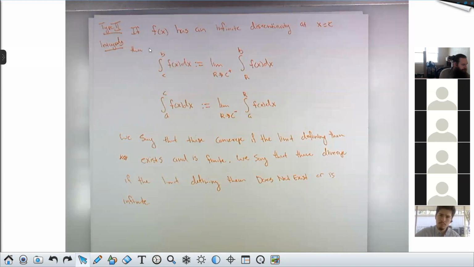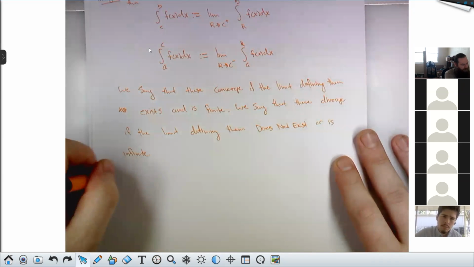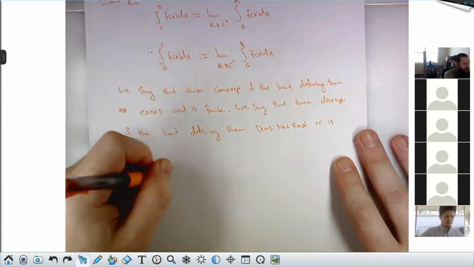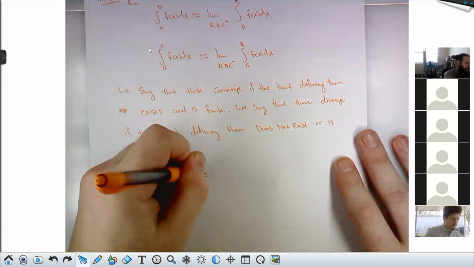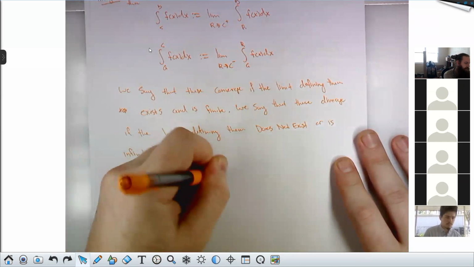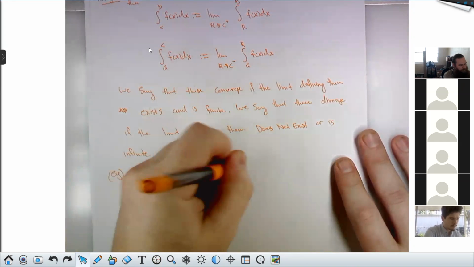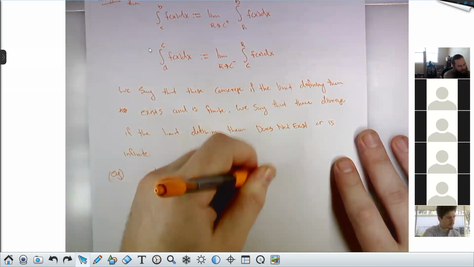I can show you one or two quick setups here. Like the integral 0 to 1 of 1 over root x dx, I would set this up as the limit as r goes to 0 from the right of the integral r to 1 of 1 over root x dx.